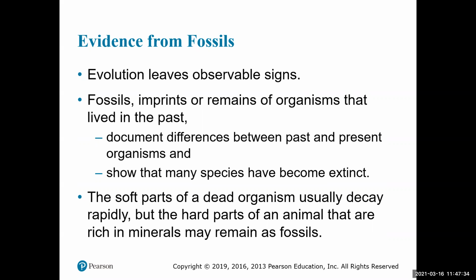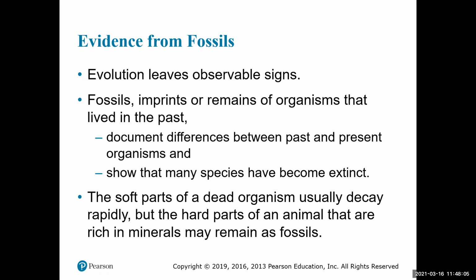And so one of the key sources for evidence on evolution is from fossils. Evolution will leave these obvious signs in our natural environment, and it does so in the form of fossils, remains of organisms that we can find as we dig or excavate certain landscapes.